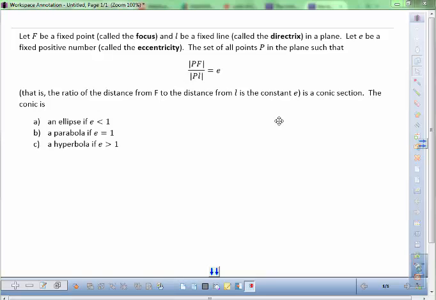Its eccentricity is close to 1, right? If you change that eccentricity to 1, it'll not be revolving around the sun anymore. It'll break free from the gravitational pull, and it'll just follow the path of a parabola. And a hyperbola: if you have an eccentricity that's bigger than 1, then you have a hyperbola.